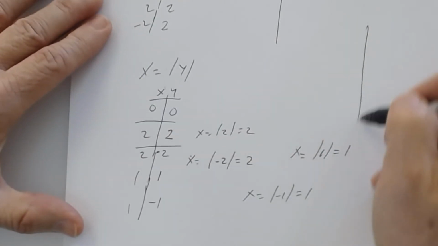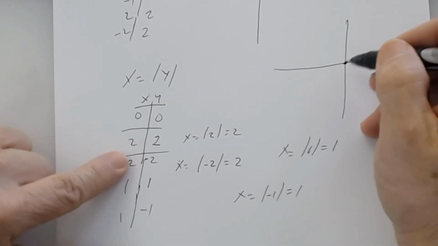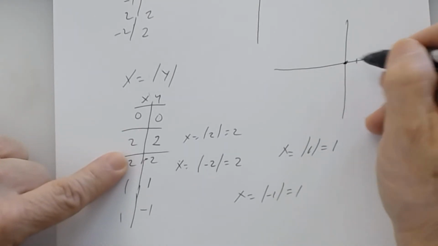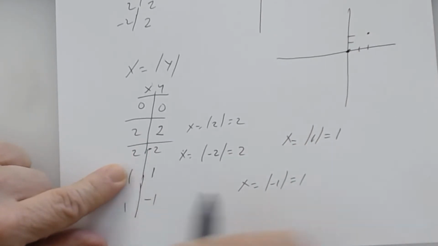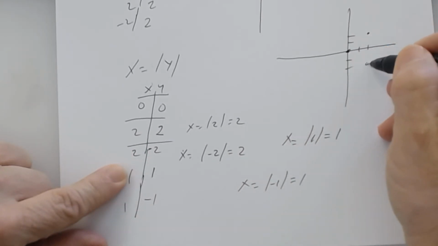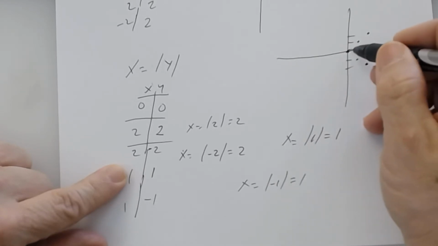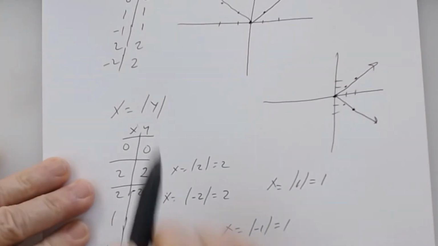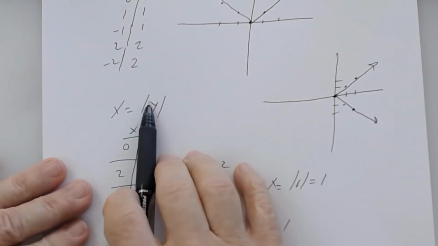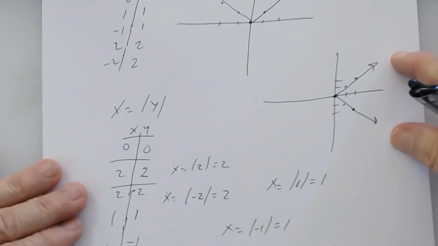And if I look at the graph this time, 0, 0 is here, 2, 2 is here. Now look, 2, -2 is here. You see it? 1, 1's here, 1, -1's here. You see what the graph looks like? So x equal the absolute value of y is a V that's pointed sideways.